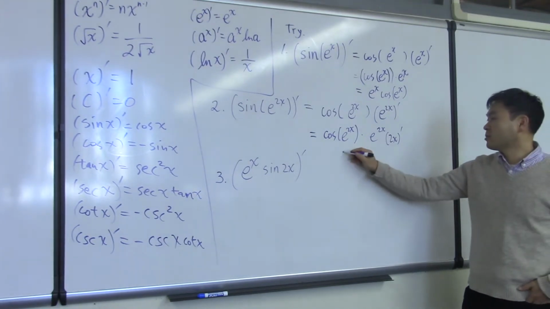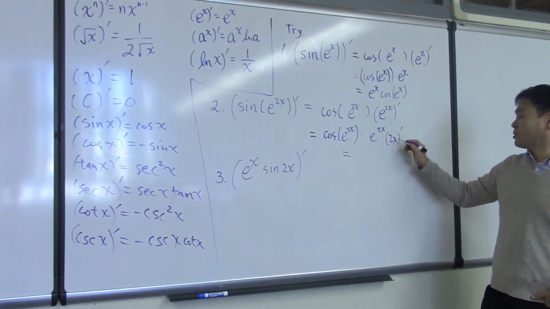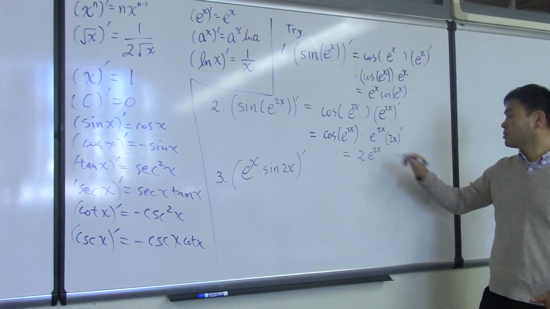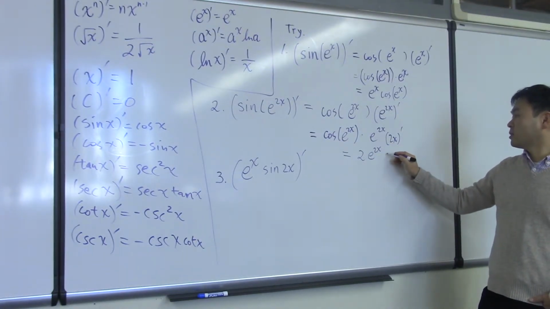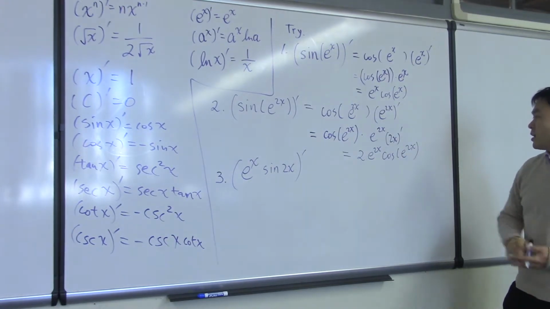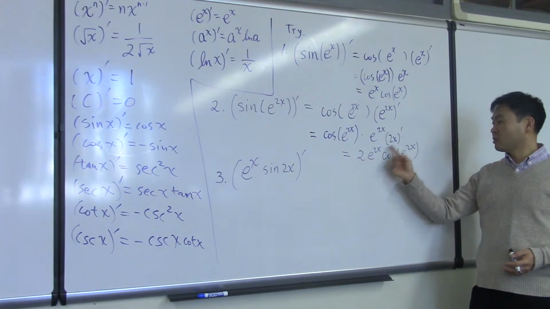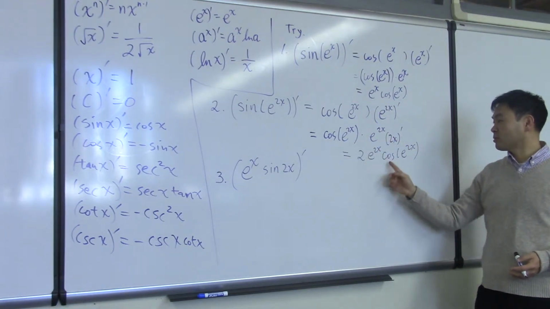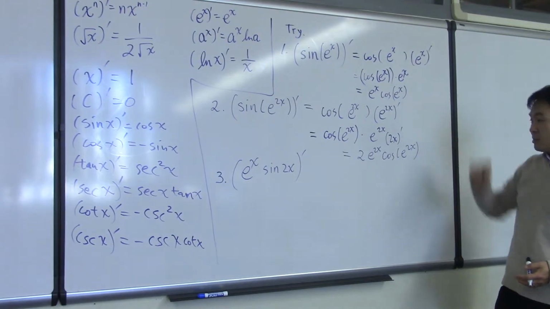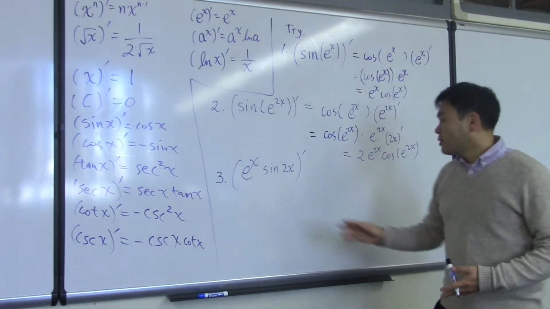So the final answer is this differentiates to 2. It's 2 e to the 2x, okay, and then cosine of e to the 2x. And I move these two, the number and the function, in front of the cosine function for the same reason I did this. Okay. All right, here.